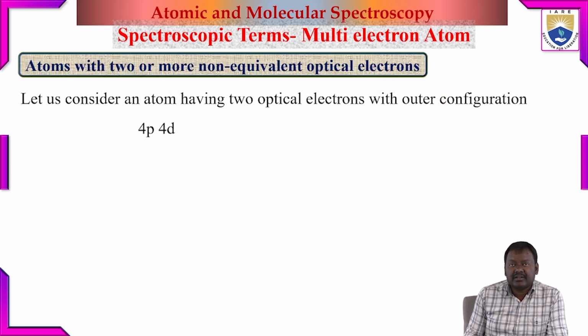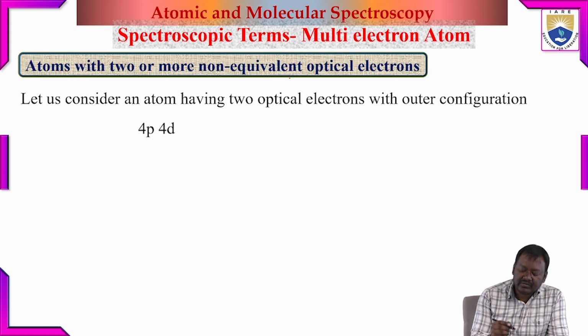Next, let us see multiple electron atoms, when there are two or more electrons in the outermost orbit. There are also two cases: the electrons are either non-equivalent optical electrons or equivalent optical electrons.